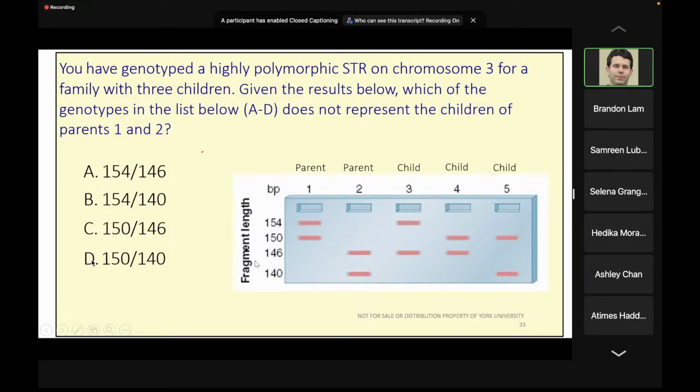I know it's a little bit tricky. It's possible, but no children on the list have that genotype. You had to look. Those are the 3 children. That one wasn't there.